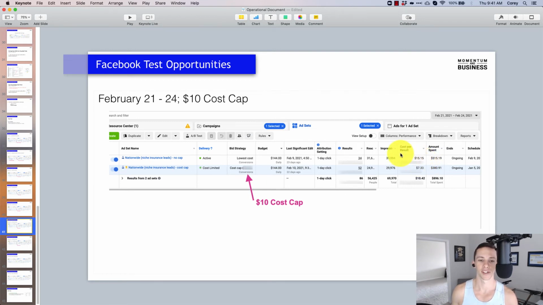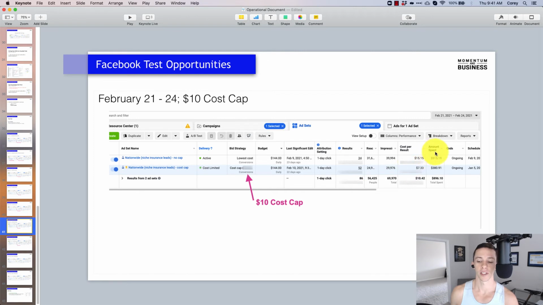That's very characteristic. For the very first couple days, or weeks even, and it's been running for 2 weeks at this point, these ad sets could have a very low cost per result, but it goes up if you're not controlling the cost. All right, so with a $10 cost cap, it's doing its thing and it's working, right?